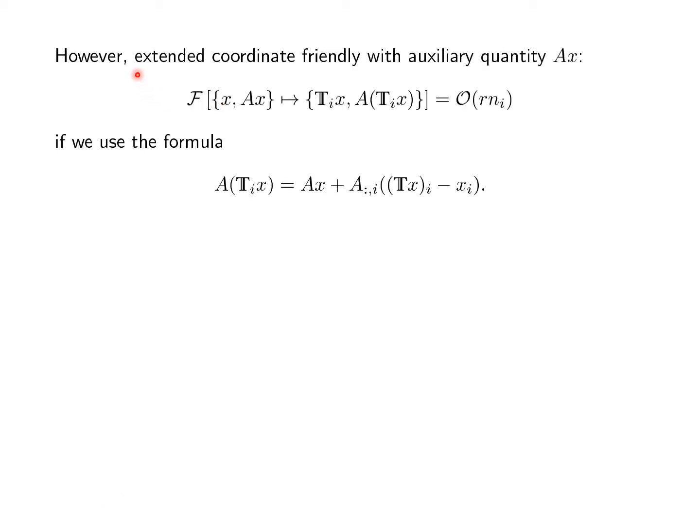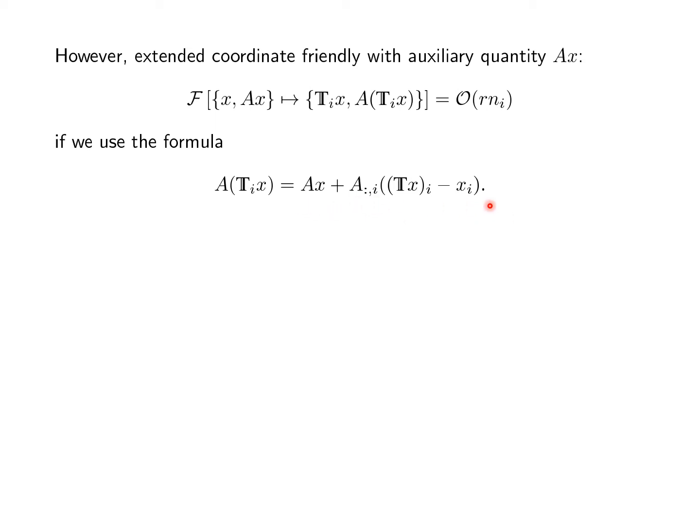However, T is extended coordinate-friendly by maintaining Ax in memory. So given Ax, to update x to T of x, the previous slide calculated the cost to be O(R ni). Now for the cost of updating Ax to A times the vector Tix, we only need to add the difference to the vector Ax.